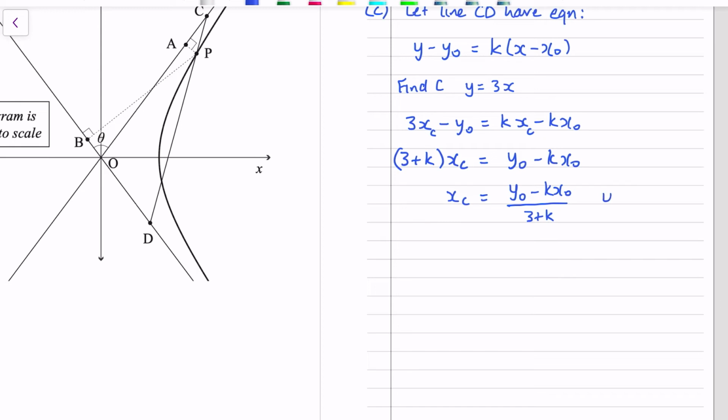And the y value of C, just like before, is 3 lots of that. Okay, and then find D, which is the same line, but the asymptote is negative 3x.